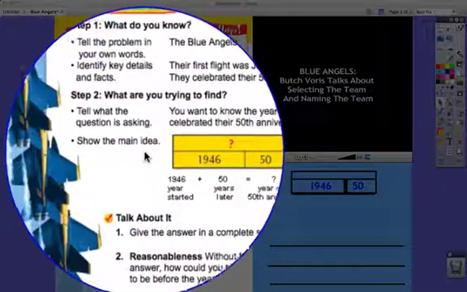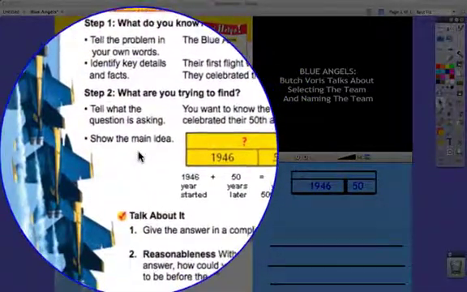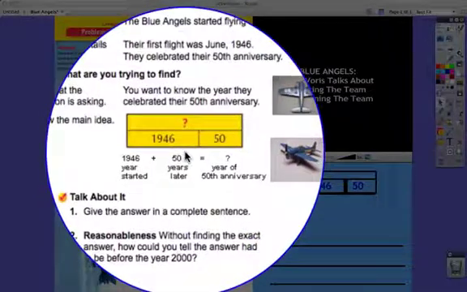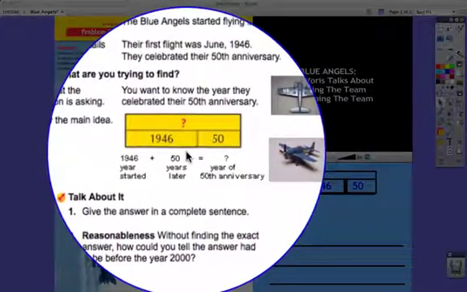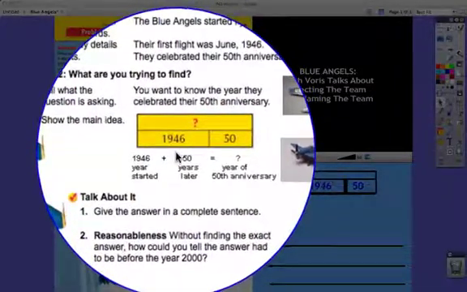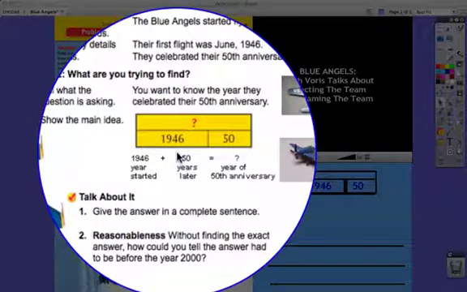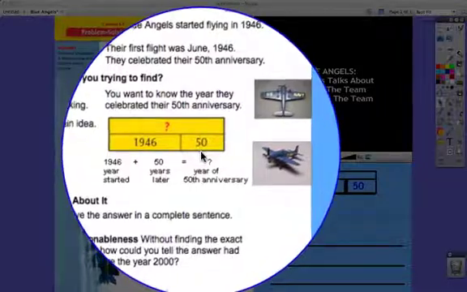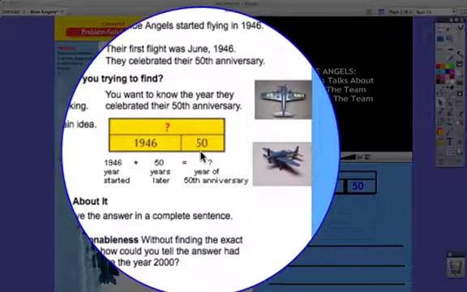The next step in step 2 is show the main idea, highlighted here in yellow. A nice little table with the year 1946, in which the Blue Angels were performing and founded, and then this 50 represents the 50th anniversary.